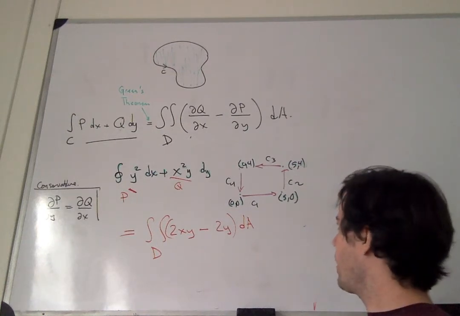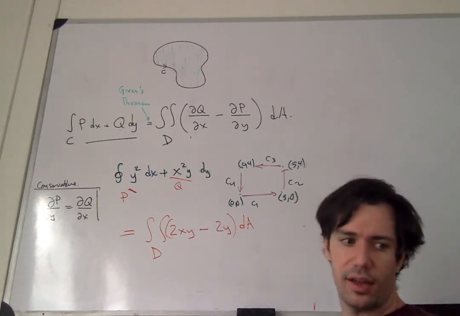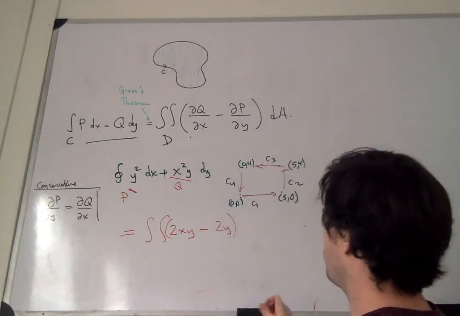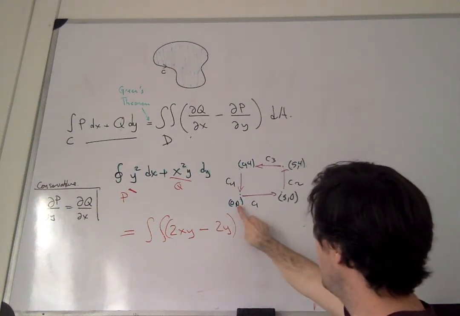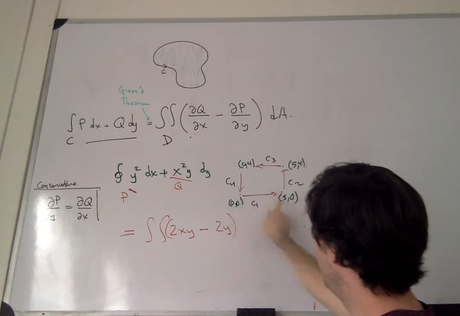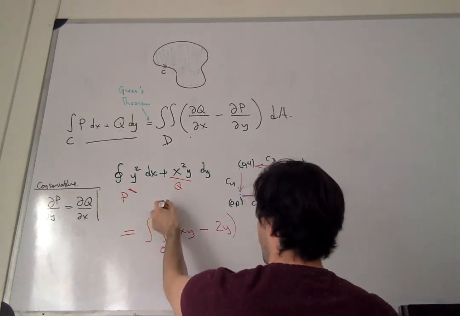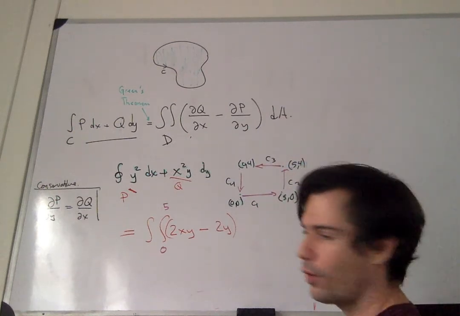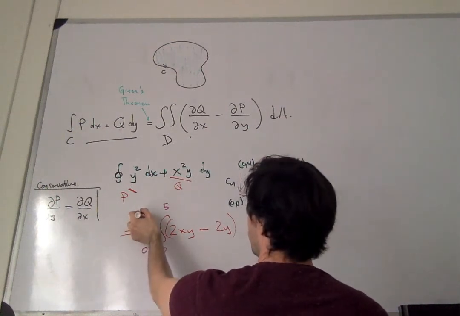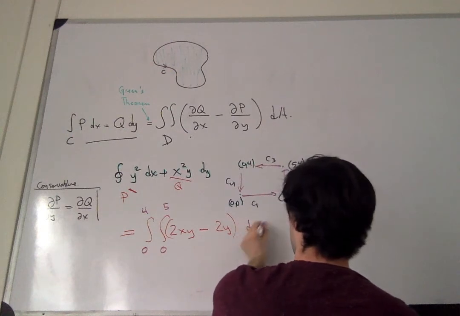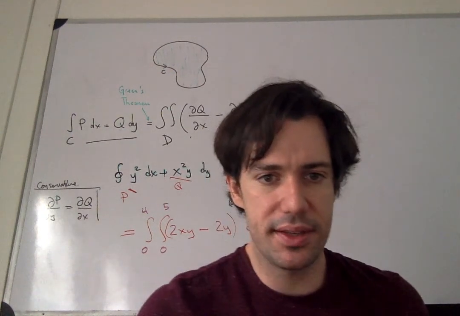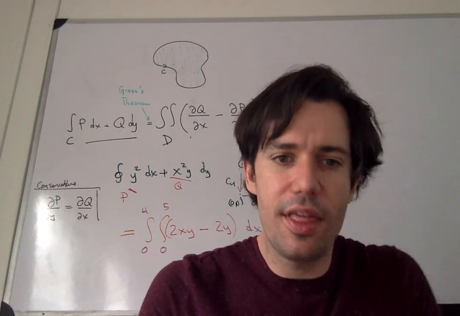Well, it's not really that complicated. We know exactly what that looks like. So I'm going to go ahead and replace that and put down actual coordinates. So this is going to be 0 to 5 for x and 0 to 4 for y, dx dy. And I'm not going to compute that because that's very straightforward, but that's the idea.